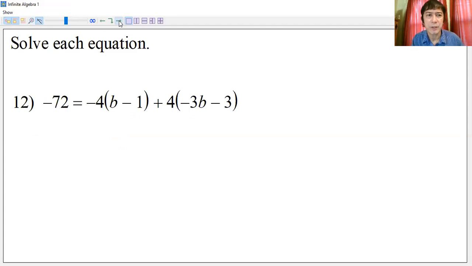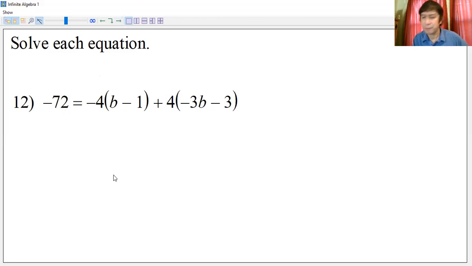All right, so this is the given for number 12. Negative 72 equals negative 4 times the quantity b minus 1 plus 4 times the quantity negative 3b minus 3. Okay, so how shall we solve this number 12? By observation, you can see numbers 4 and another number 4 here and a 72 here.